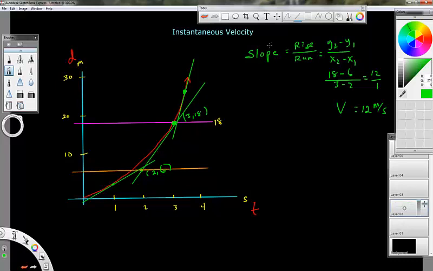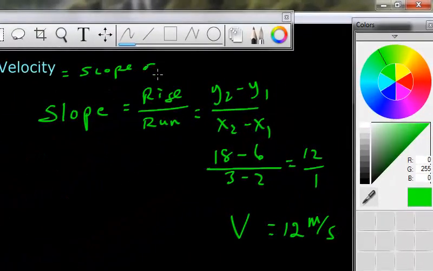The whole point of this, the instantaneous velocity, is the slope of the tangent line to the graph. And a tangent line hits the graph one time.